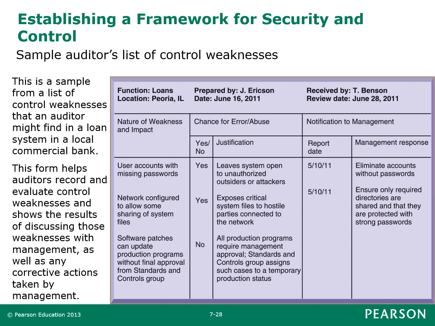For example, here for the first one, eliminate accounts without passwords, and so on. So you have first the weakness, it's already defined, the meaning of it, and the response to react to this weakness when it happens.